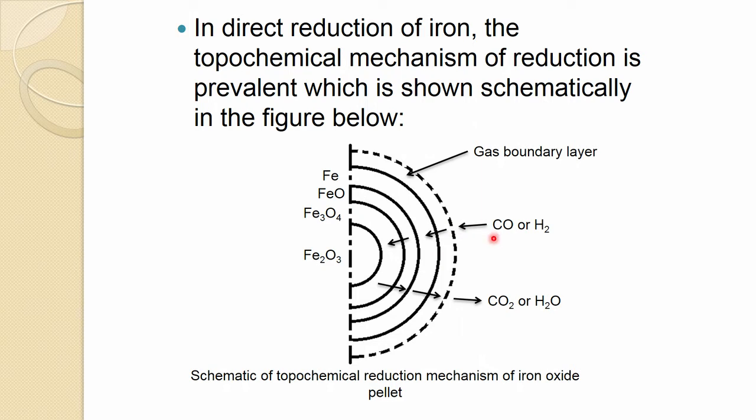When it forms magnetite, oxygen is removed and it becomes a bit more porous. So, CO will go in, CO2 will come out, and then more CO would replace the CO2 which is coming out. This CO2 now has to diffuse out through this thin layer of gas which formed here.